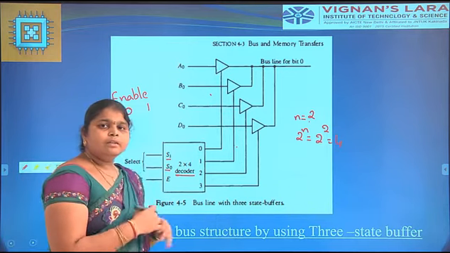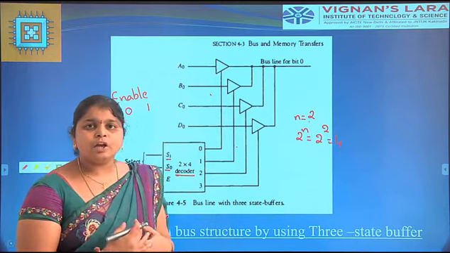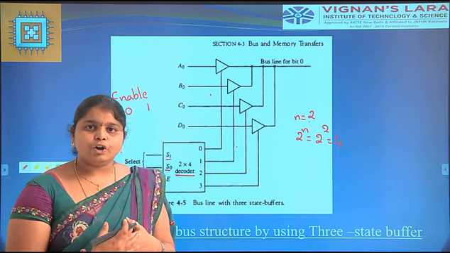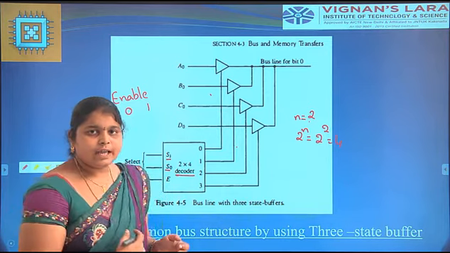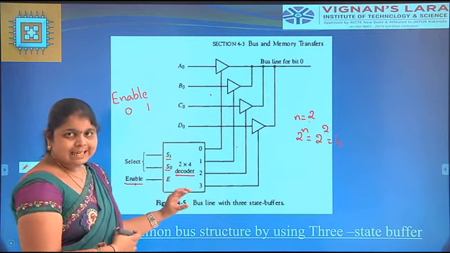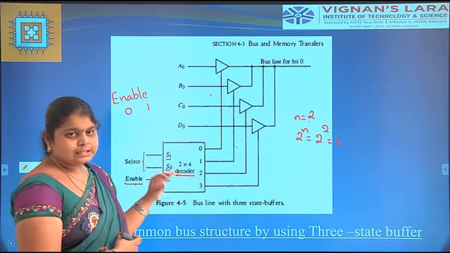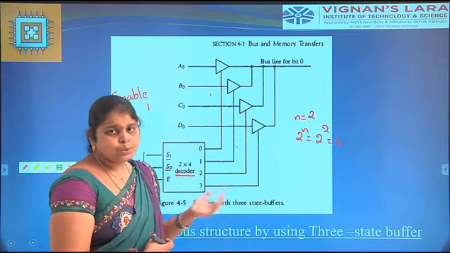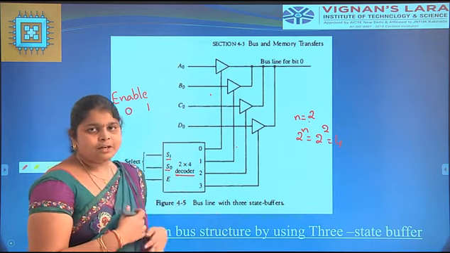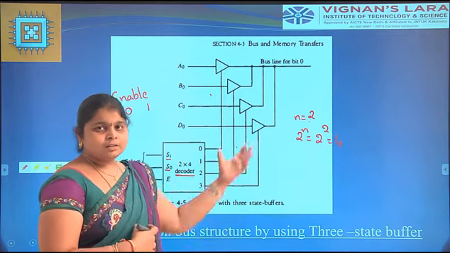Why? Only when the enable is active will the desired resultant output be represented. Whenever the enable is active, only then is the output clear and shown to the user. Whenever the enable is inactive, the output will not be shown on the bus.